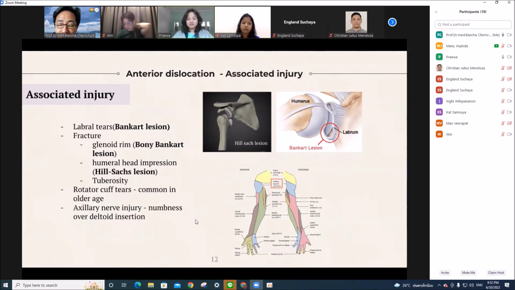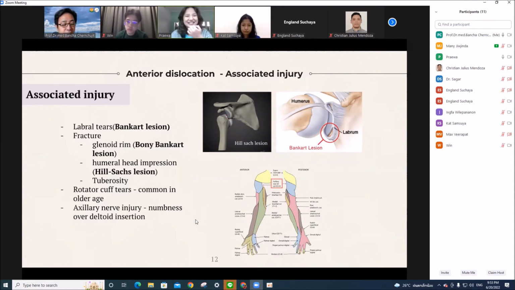In the young, it's not common to have a greater tuberosity fracture. Also the recurrence rate in the elderly is lower compared to the young. In the young, the common pathology is the labral tear, like the Bankart lesion and Hill-Sachs lesion, and most of the time there's no nerve injury. But some patients also have axillary nerve injury, depending on the severity or mechanism of injury.